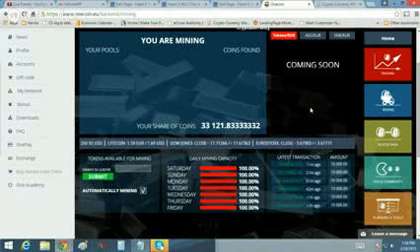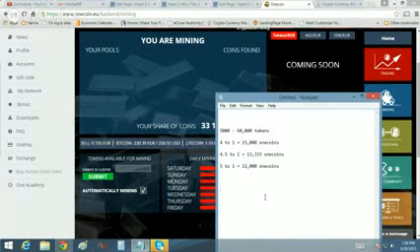Because the algorithms and the solutions that the computer has to figure out get a lot harder. I'll give you an example. If I told you right now, 1 plus 5 equals what? 6. That is one solution. See that? 1 plus 5 equals 6.